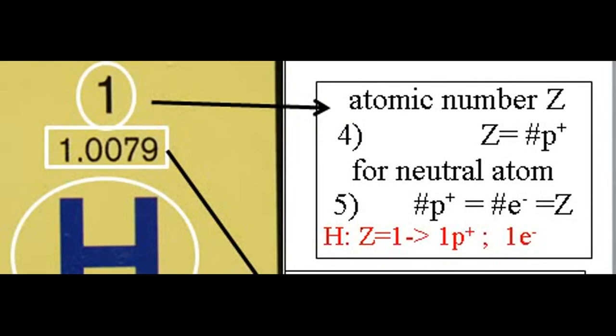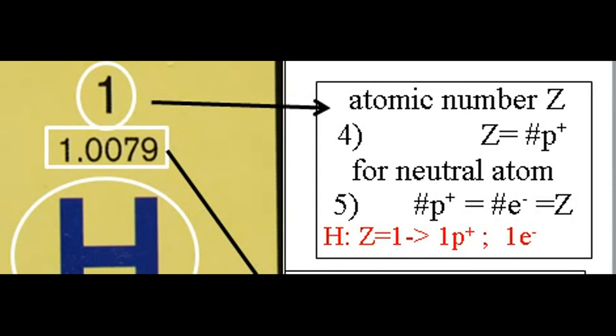Now let us look at the two numbers above the symbol for the element H. The first number is 1. This is called the atomic number Z. And Z gives us the number of protons in the nucleus of the atom.